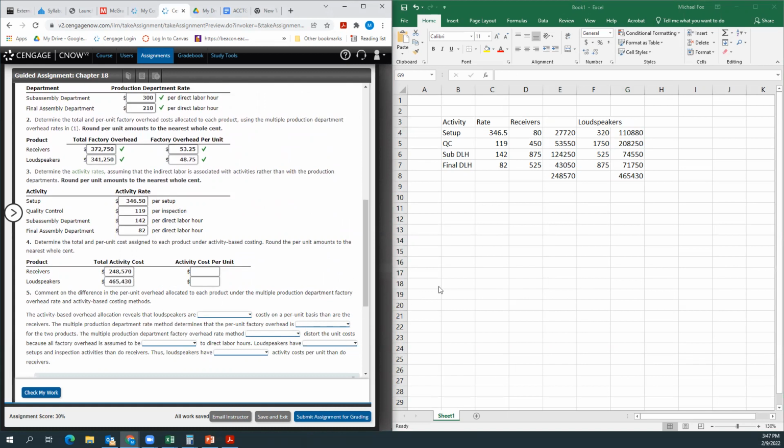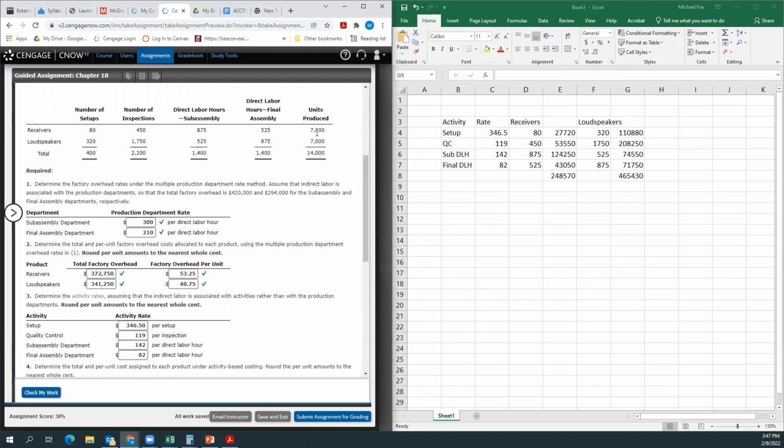And then to do my activity cost per unit, I know up here that I produced 7,000 units of each. So I'll say the units, 7,000. My cost per unit is the total cost divided by the number of units.